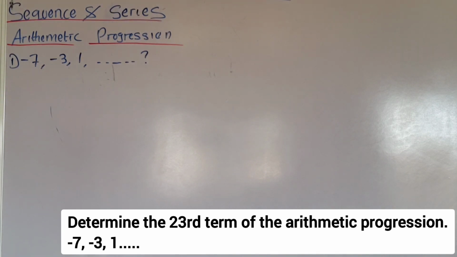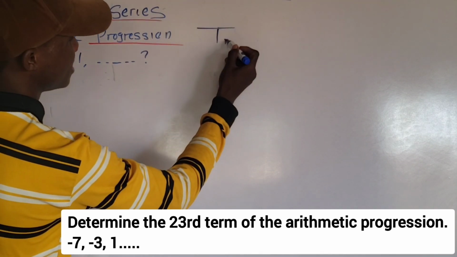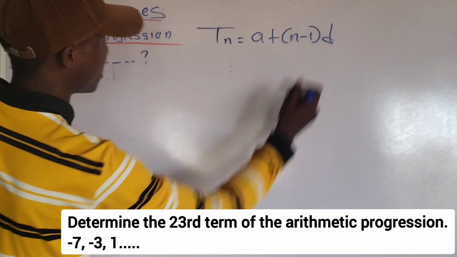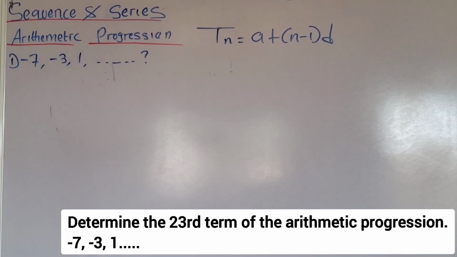Now, don't forget, in our previous class, I gave you a formula for the nth term of an AP. The nth term of an arithmetic progression is given by Tn is equal to a plus n minus 1, closing bracket, d. Using this formula, if you know the value of a and d, you can determine any term in the arithmetic progression.